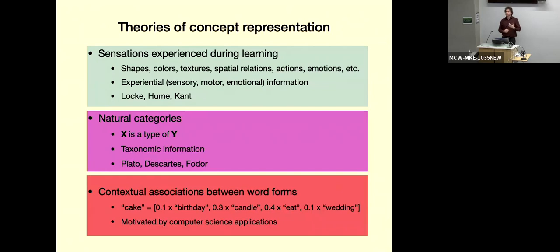The representation of a word in this case would be a weighted combination of all the other words in the language that that word commonly occurs with. So a word like cake often occurs with the words birthday, candle, eat, wedding, and so on at different frequencies. And so the representation of cake in the brain, the concept, could be represented in principle as a weighted combination of all these different words. So lexical concepts represented in terms of word forms.